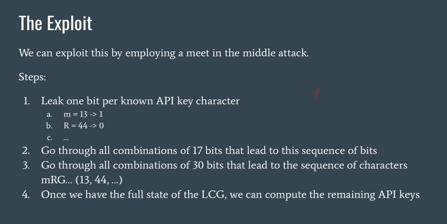If we go through all possible 16-bit combinations, as you know, that's 65,536, sorry. So we have to go through roughly 65,000 possibilities, which is easy, and then check if the output afterwards of these would match this pattern of ones and zeros.